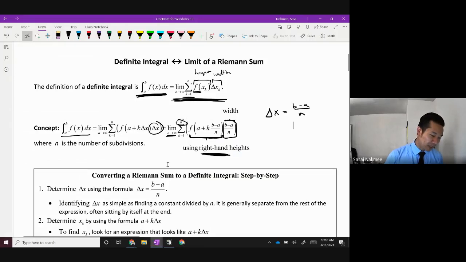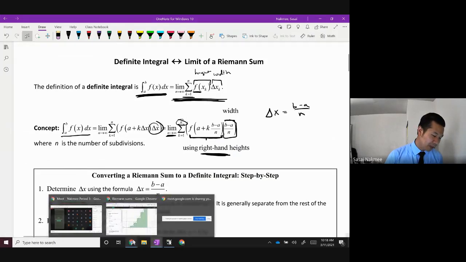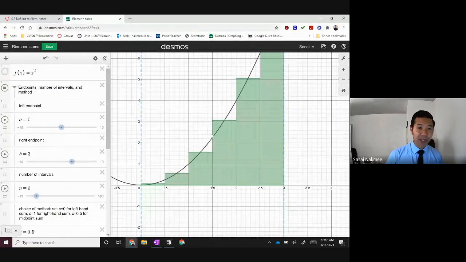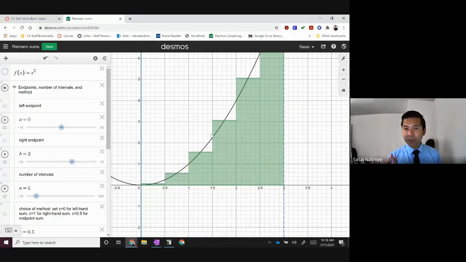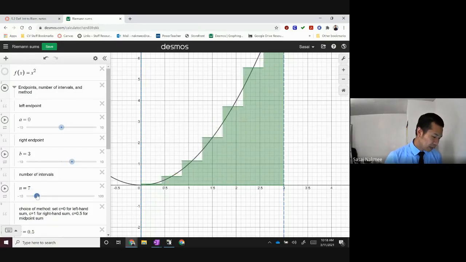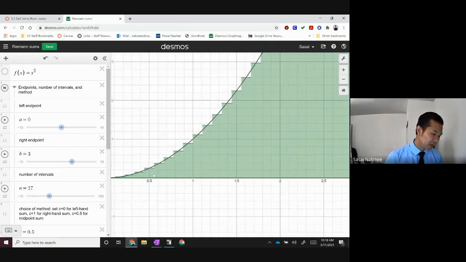As I approach infinity, the number of rectangles of course goes towards infinity, but the width of each rectangle approaches 0. It gets smaller and smaller, but they get smaller and smaller in unison. Do you see that? They get smaller and smaller in unison.